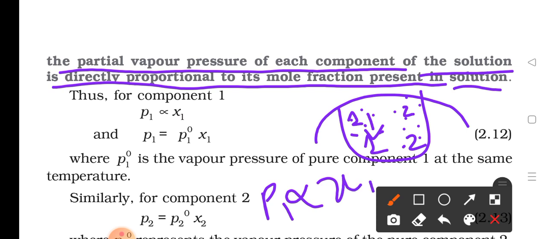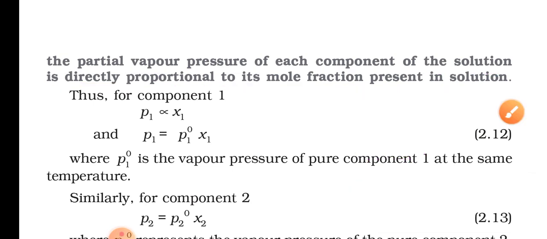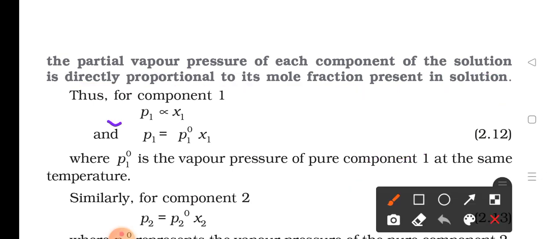Similarly, component 2 pressure is P2 and the component 2 mole fraction is x2. Now I think you understand it completely. Here it is told that P1 is directly proportional to x1.